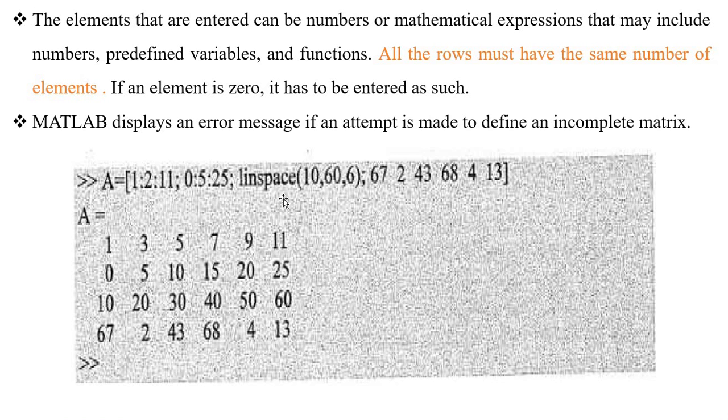And the third row starts with 10, ends with 60 and in between are 6 numbers. And in the fourth row, every number is entered individually. Therefore the first row is 1, 3, 5, 7, 9, 11, second row 0 to 25, third row 10 to 60, and fourth row is 67 to 13. This is one of the ways.